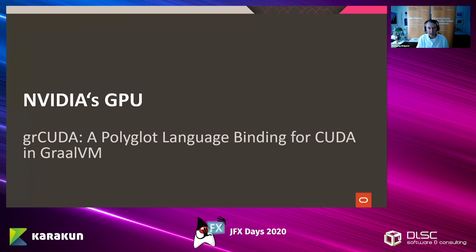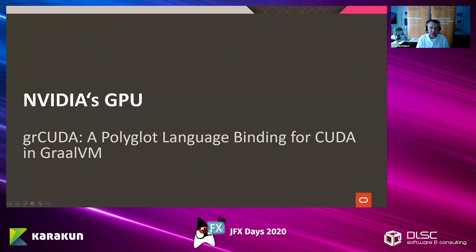What about this company NVIDIA? They are going to buy ARM as a company for 40 billion, and they have large expertise in their own graphical processors. The NVIDIA GPUs are reachable by a small Graal library, the GrCUDA library, which stands for Graal Compute Unified Device Architecture.